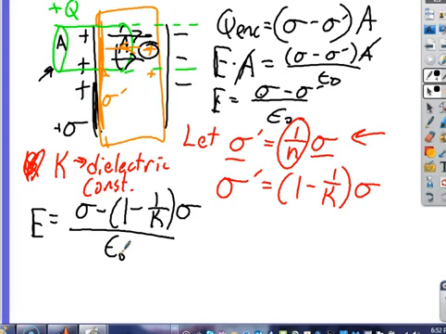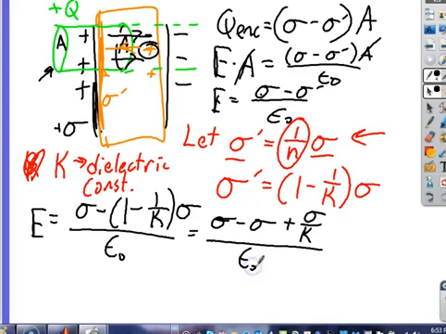If I'm careful about this, in terms of distributing, I distribute my sigma here, and now I have sigma minus sigma plus sigma over kappa all over epsilon naught. Those sigmas just go away.